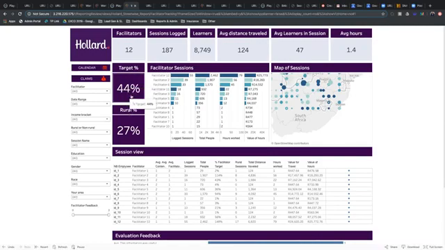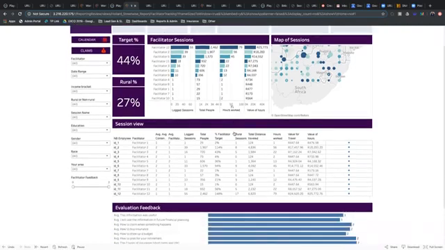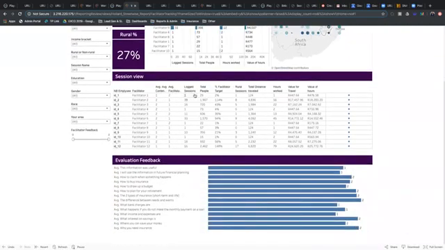So this is tracking them against their overall target, and they score additional BEE points if they have a 25% rural interaction. But what you'll see in these areas here is that we're not only tracking the session. In other words, when they get in their car, they've got to pin their location. When they get to the location, we pin them again, and we work out the distance that they've traveled.